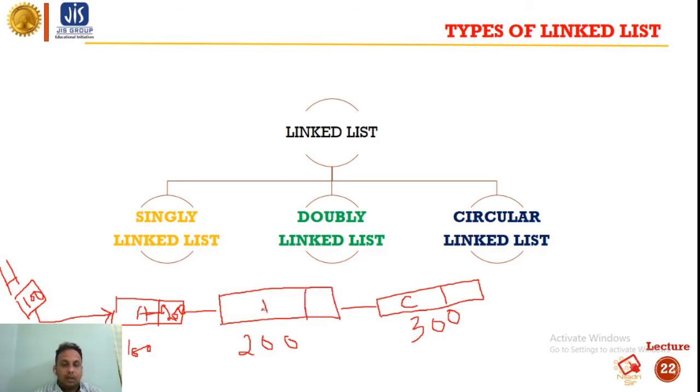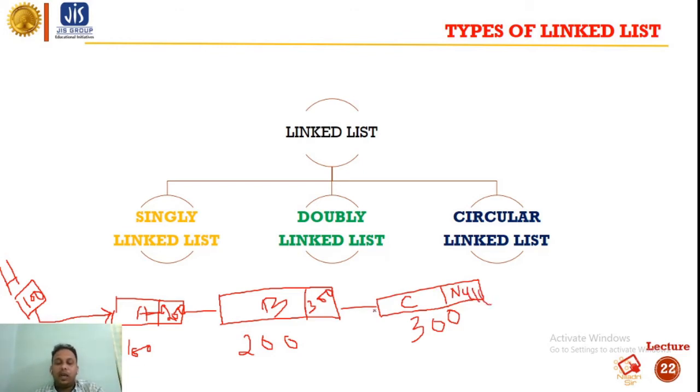This is B. If we visit B, we will get 300. That means we can easily go from B to C. And here in C, this is null. Null means there is no node.